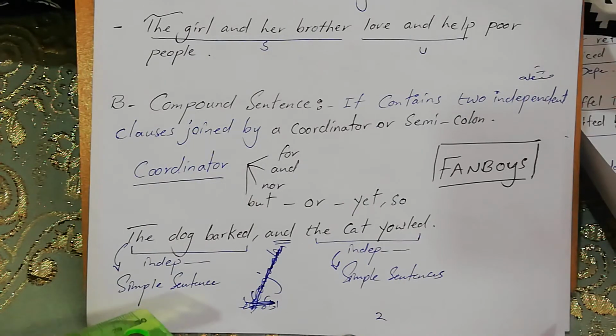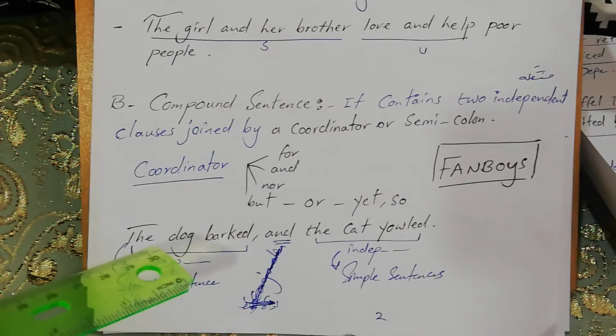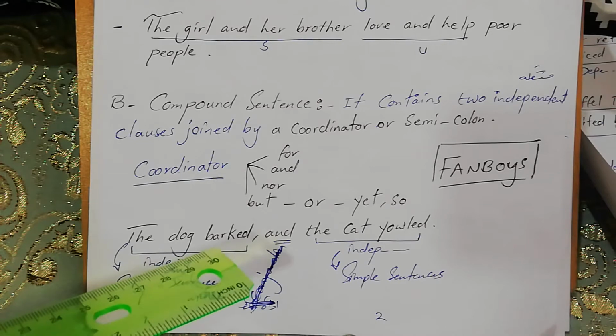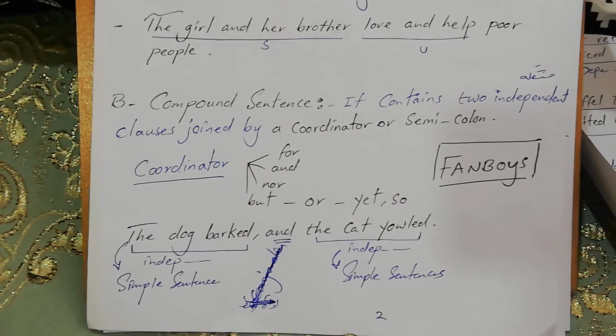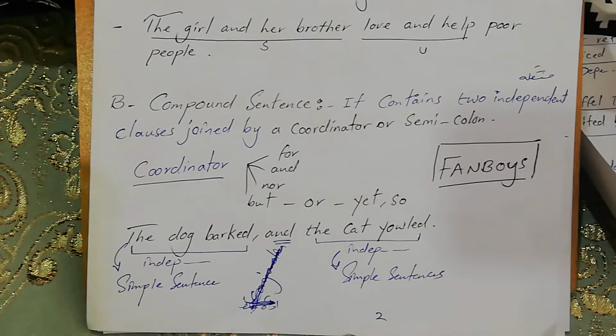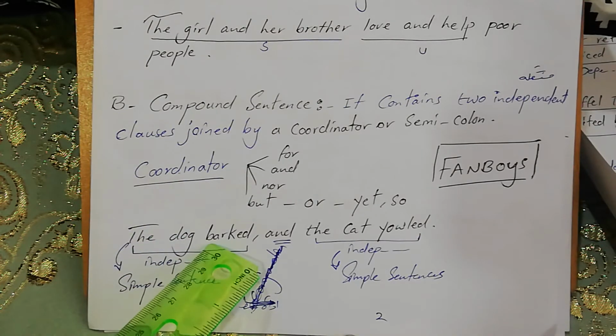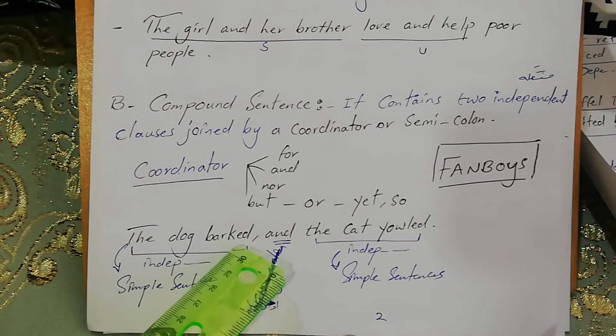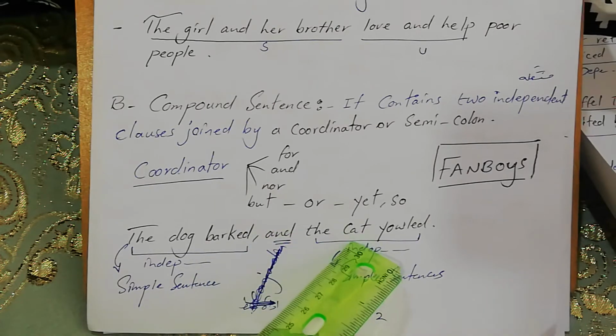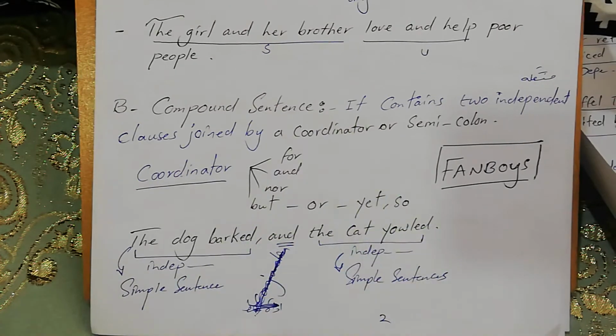Look at this example below. The dog barked and the cat yowled. Here, the dog is the subject, barked is the verb. Here, the cat is the subject and yowled is the verb. So look at them. Both of them are independent clauses.